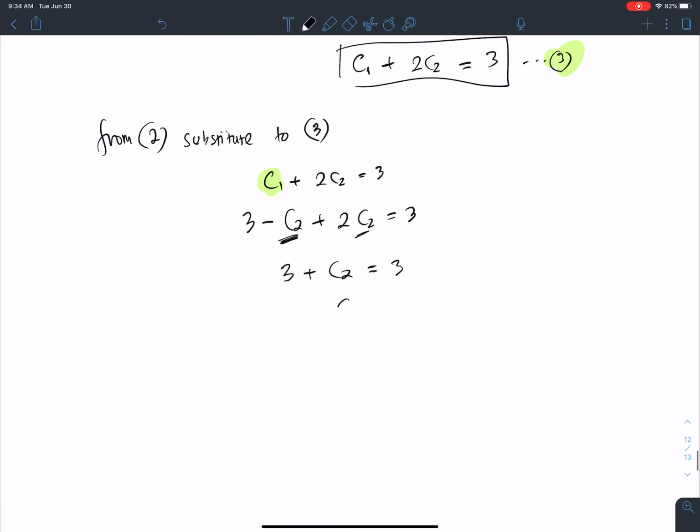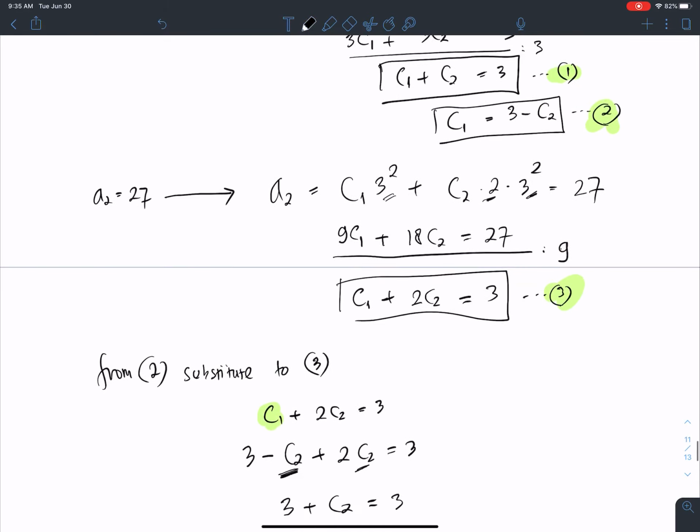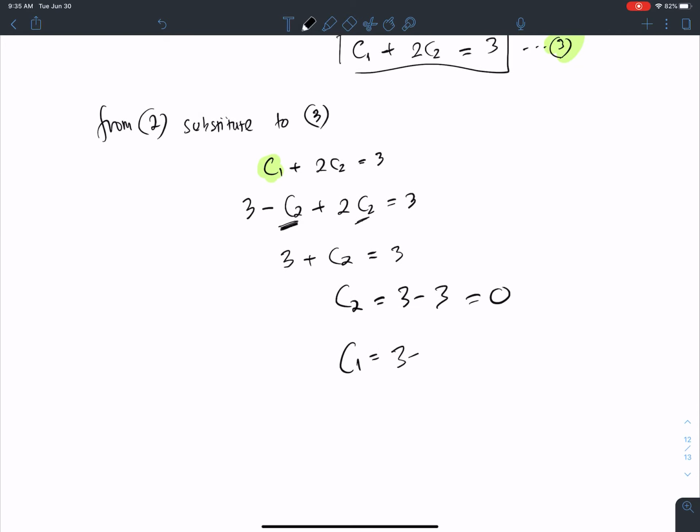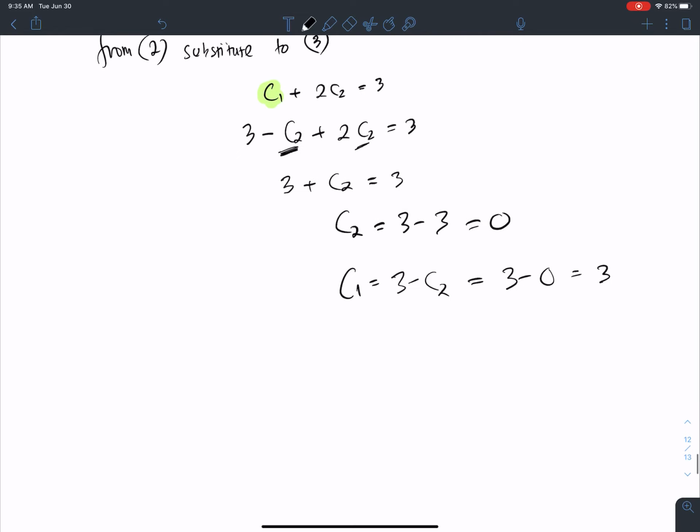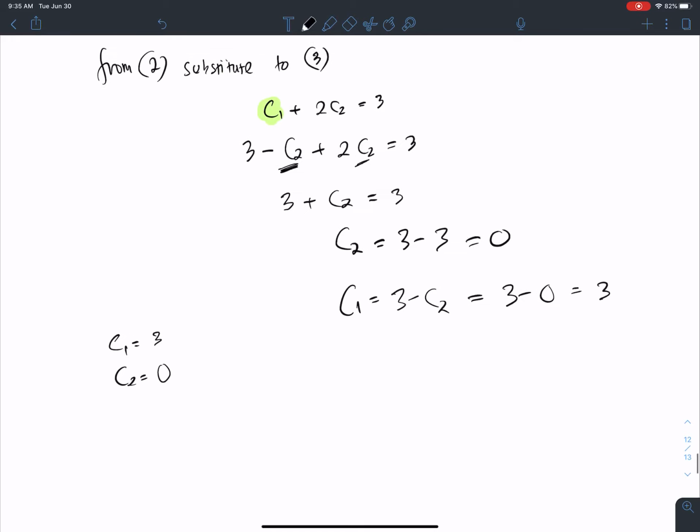So in this case, c2 is equal to 3 minus 3 equal to 0. So c2 is 0. What will be c1? So c1 is again from 2, 3 minus c2. So it's 3 minus 0. We get 3. Fine. So we find c1 equal to 3 and then c2 equal to 0.